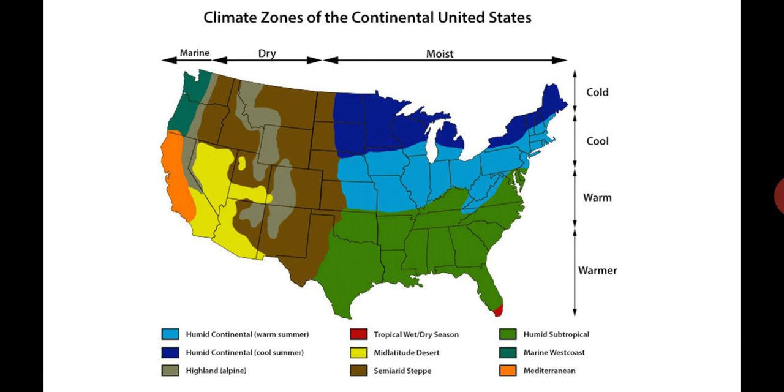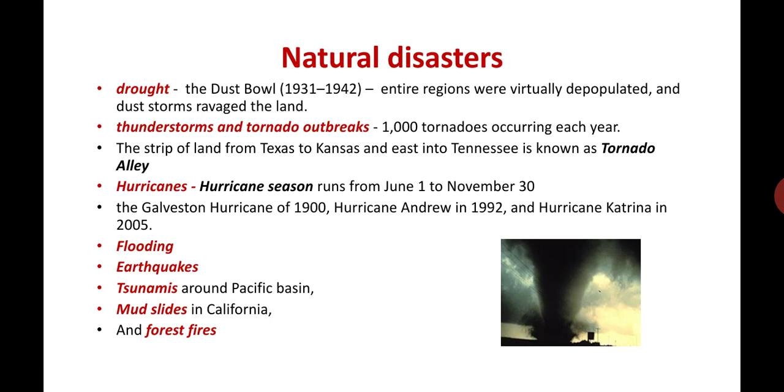It is third after Russia and Canada, and it is just a little bit above or a little bit behind China. So, on the continental territory of the United States, all kinds of climate, all climatic zones can be found.